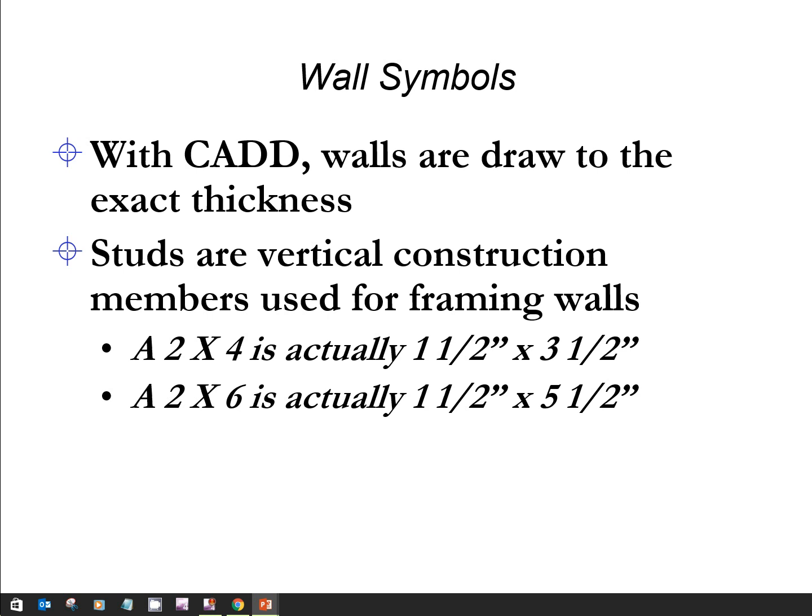Then it goes through a planer and it mills it down to the finished size of 1.5 inches by 3.5, and it's nice and smooth, and the corners are square. And then it goes to dry and it shrinks a little bit more. So that's why it's just easier to still call it a 2x4 as opposed to calling it a 1.5 by 3.5. But you need to memorize those sizes.